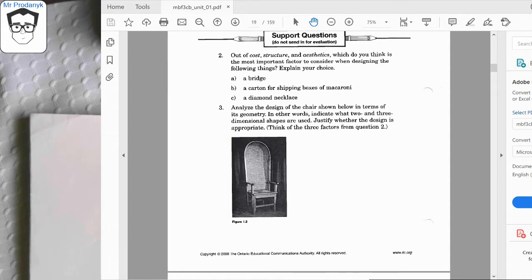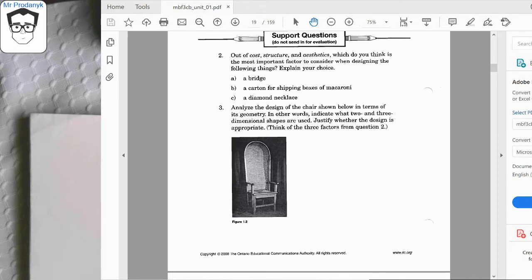A carton for shipping boxes of macaroni, well, that's interesting now, because you want the structure of that macaroni box to be the most efficient it can be in terms of the amount of macaroni volume that it can contain, and the size of that box in relation to its volume.